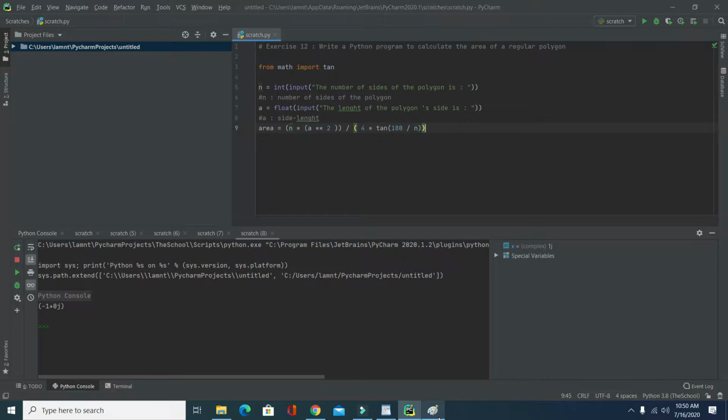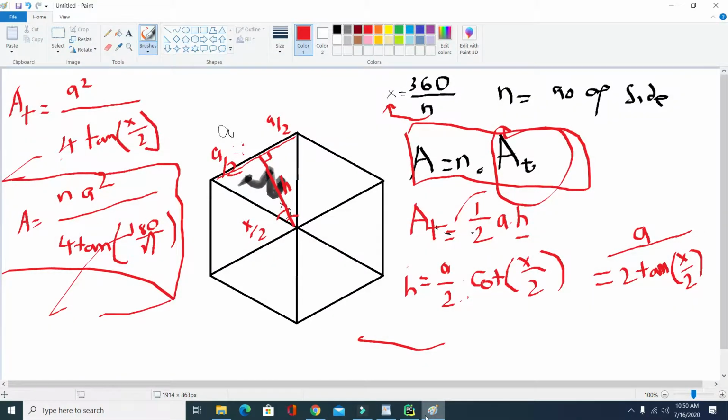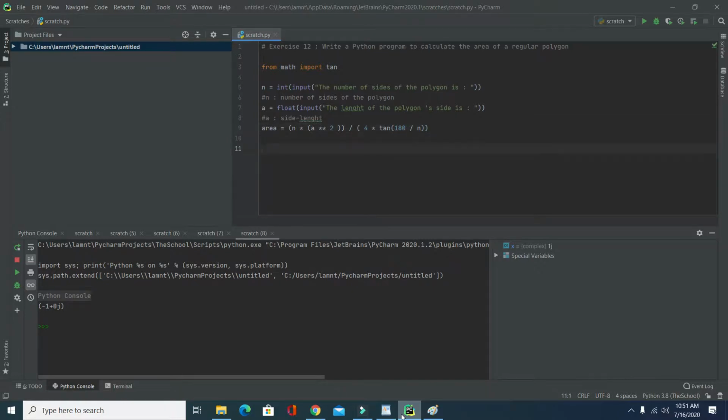Okay. So now you know. So the area of the polygon is... so we'll print out the area.